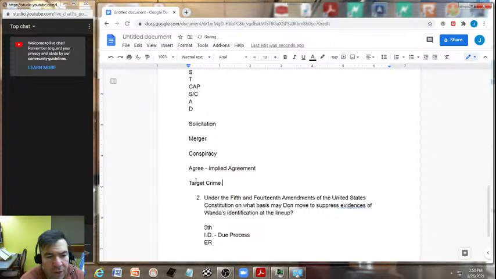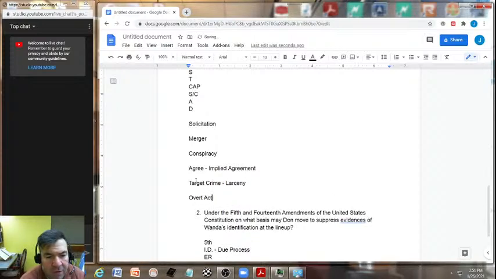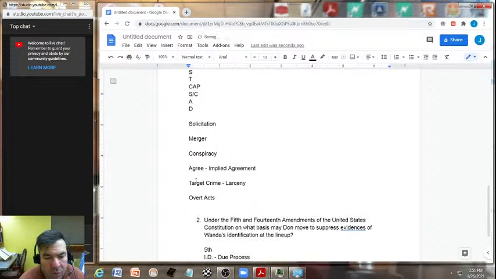It was larceny, which we'll talk about in a few minutes, and then overt acts, which were the entering and leaving and carrying out the criminal objective. Don't forget to talk about co-conspiratorial liability. Nice way of saying that is the Pinkerton's rule.